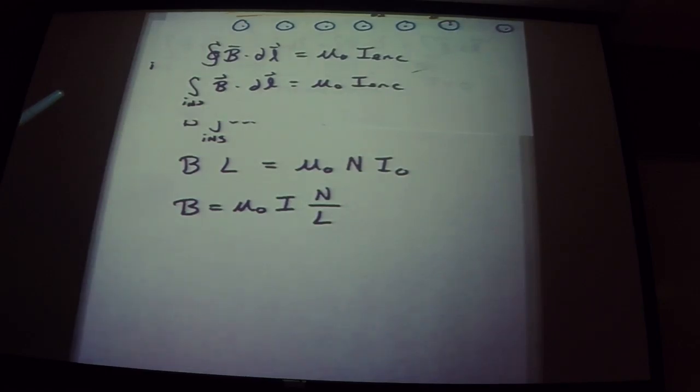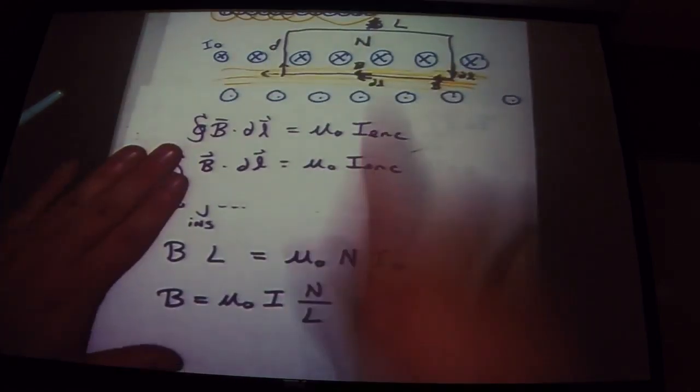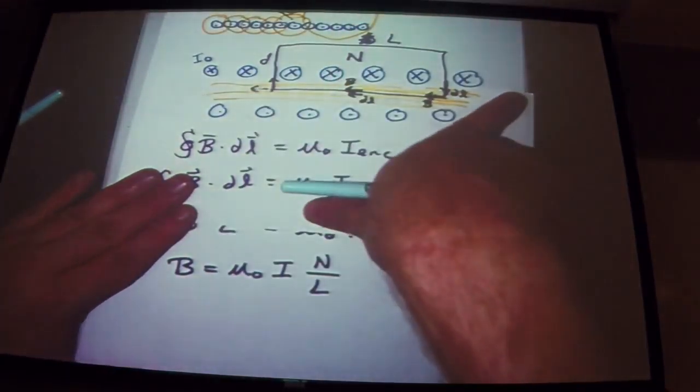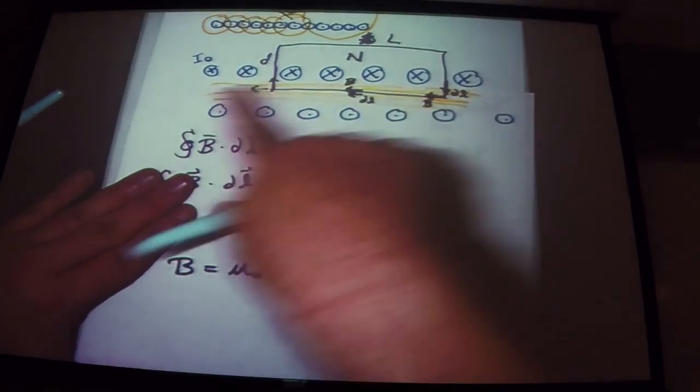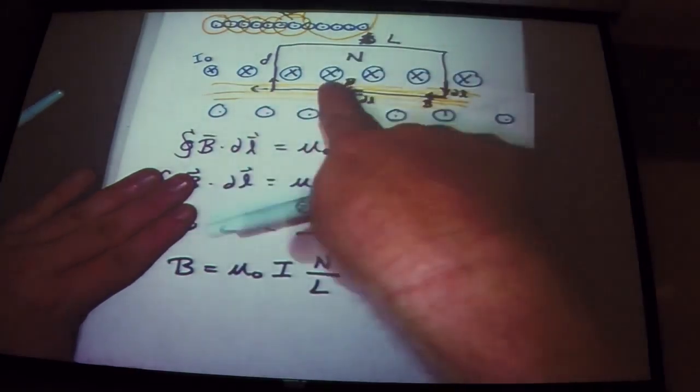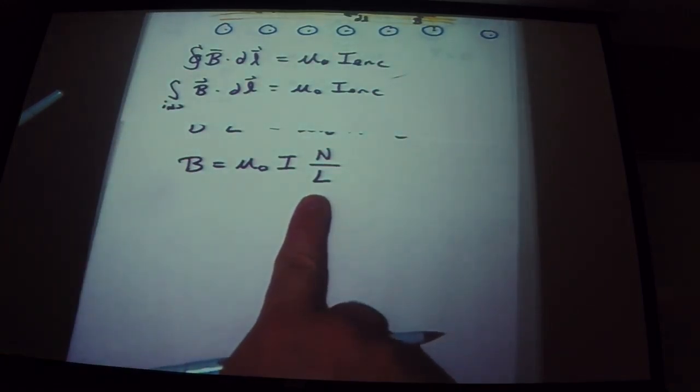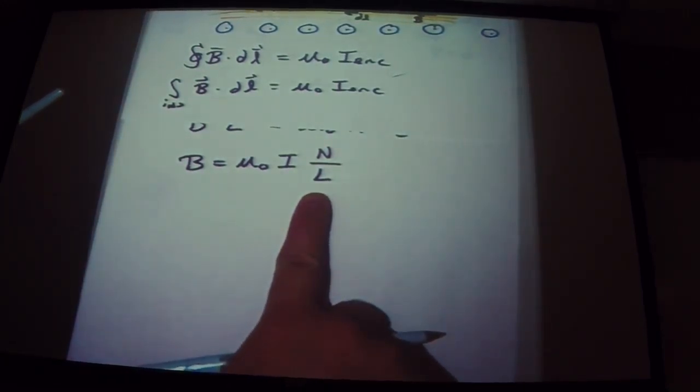Aha. Now I've got something. Because notice that the number of loops I include is going to depend on the length of that loop that I draw. The bigger the loop, the bigger the n. This ratio represents how tightly packed those loops are.